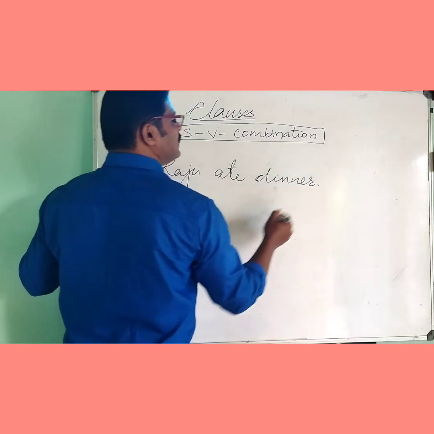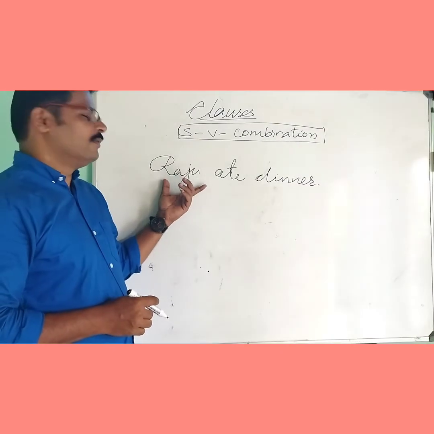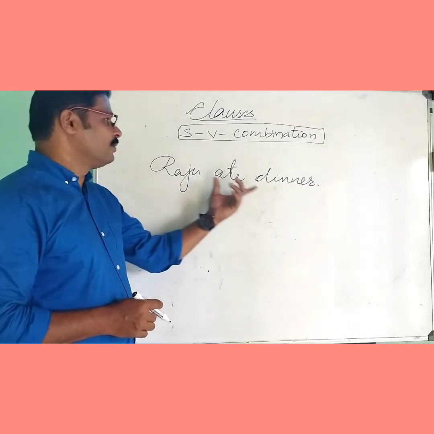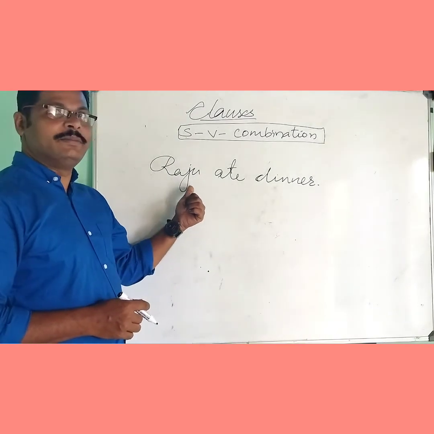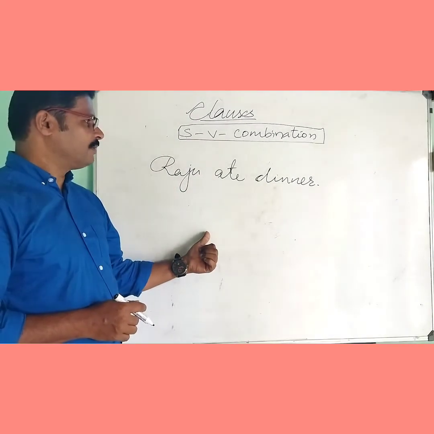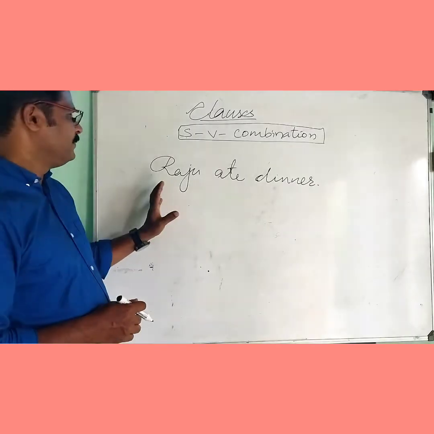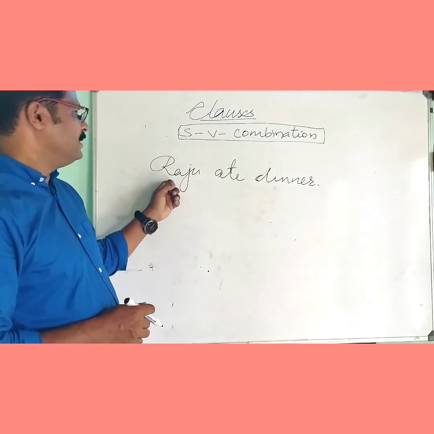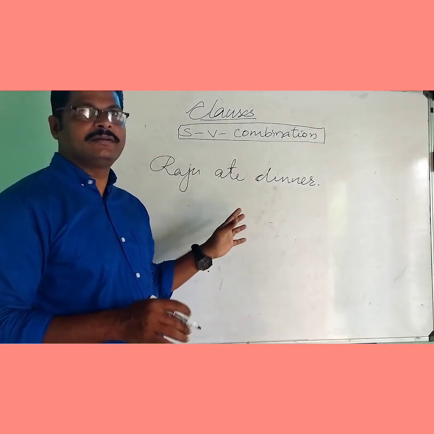Raju ate dinner. Can anybody say whether this is a main clause or subordinate clause, independent clause or dependent clause? Raju ate dinner. So let us analyze. Raju ate dinner is giving a complete meaning as a statement.